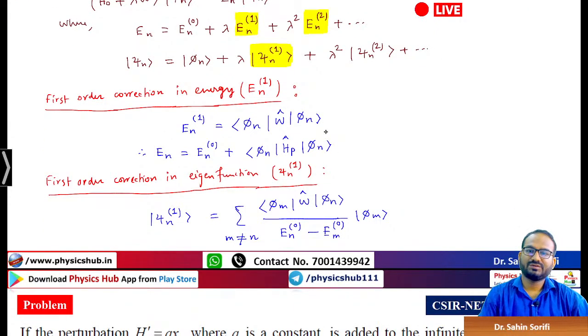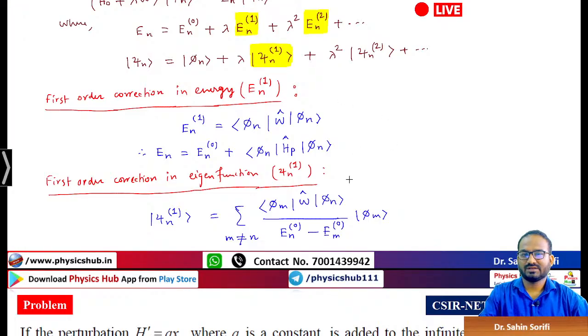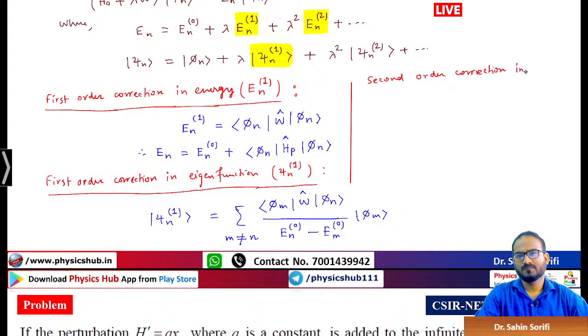Now what are you left with? You are left with En2, the second order correction in energy. So let's write that, denoted by En2.